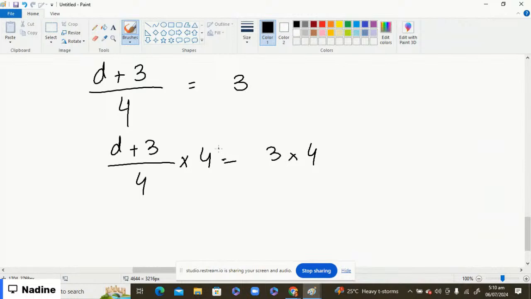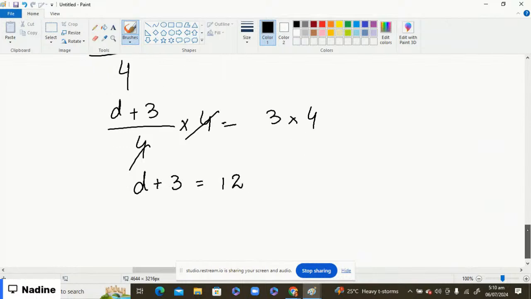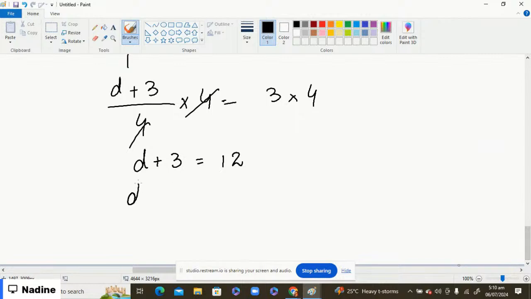In this way it should cancel out. So here is d plus 3, which is equal to 4 times 3, which is 12. Now subtracting 3 from both sides, this cancels out, and d is equal to 12 minus 3, which is 9.